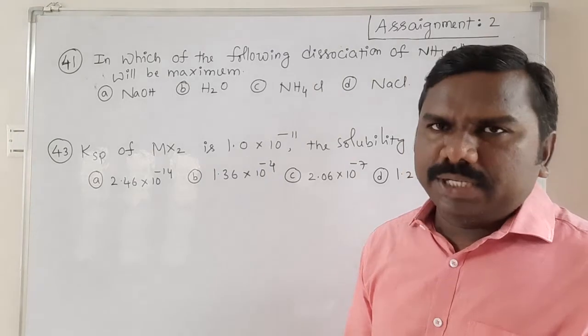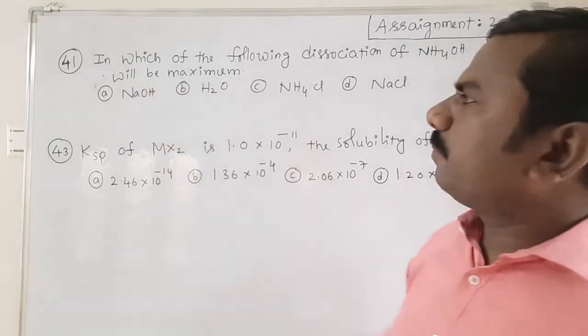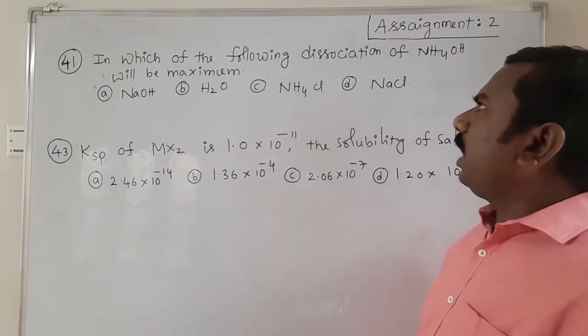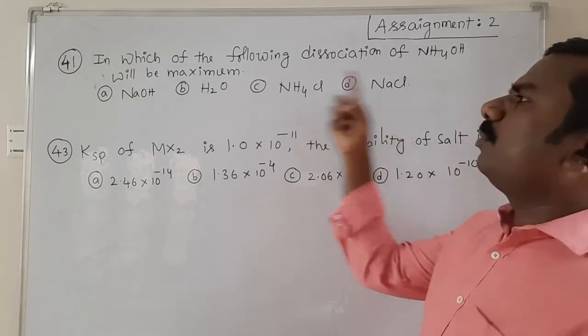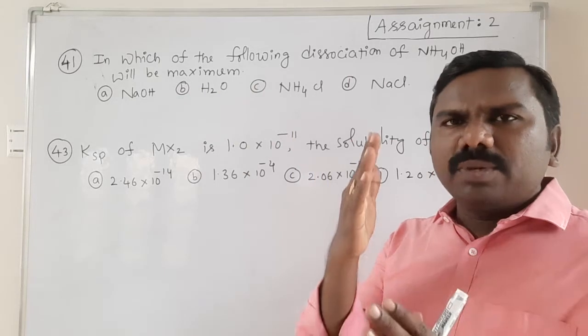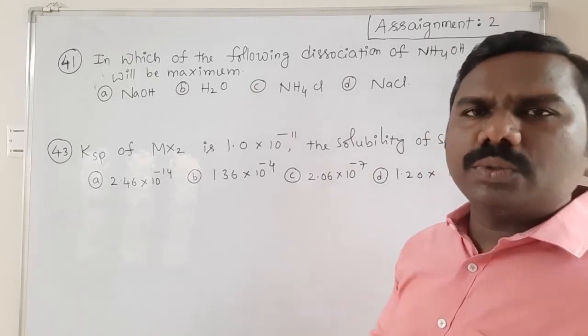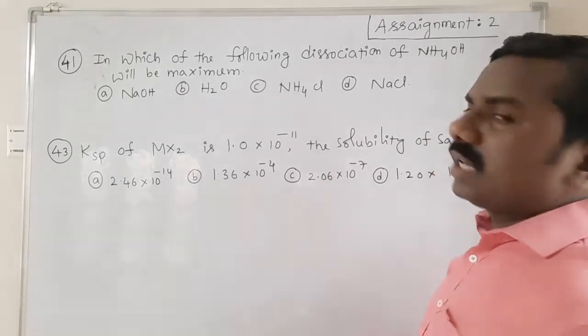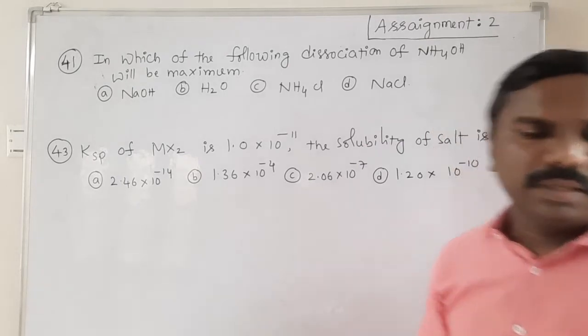Okay, next bit 41. In which of the following will the dissociation of ammonium hydroxide be maximum? Dissociation means breaking and giving NH4 plus and OH minus ions.